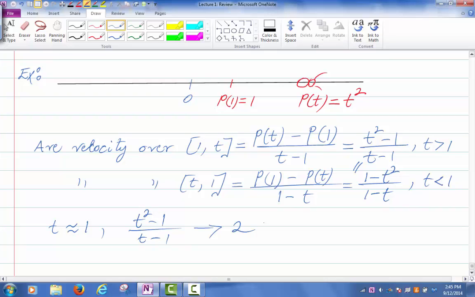I am fixing the time 1, and then I'm allowing time t to approach 1. That is, I am shrinking the time interval toward 1, and then the average velocity is approaching the number 2. So the instantaneous velocity at time 1 should be 2.